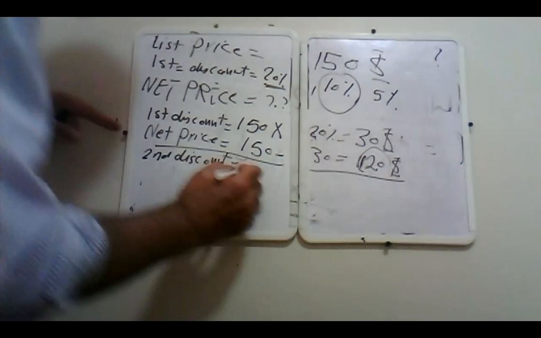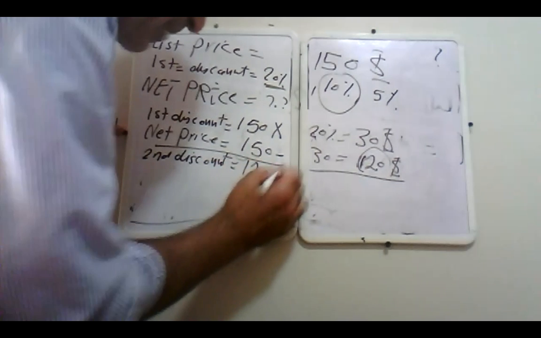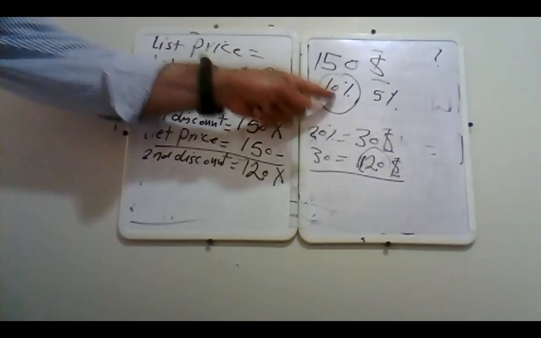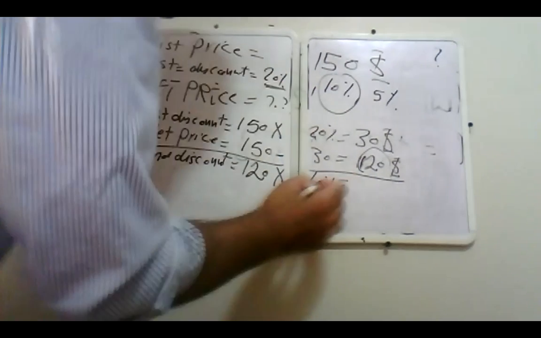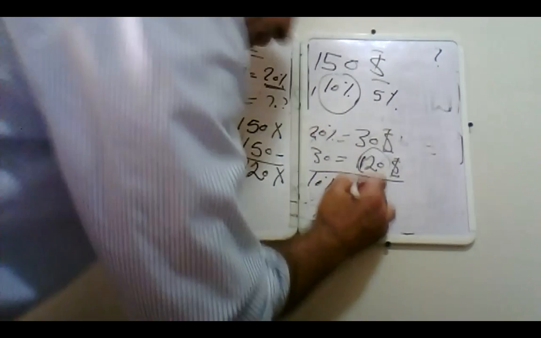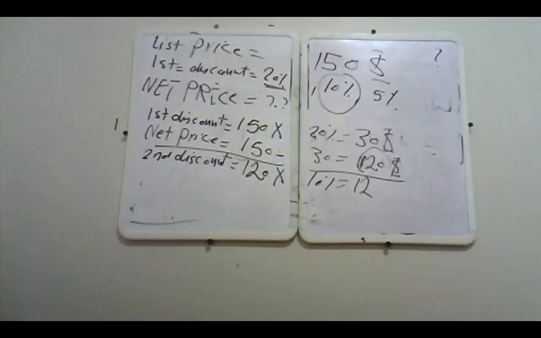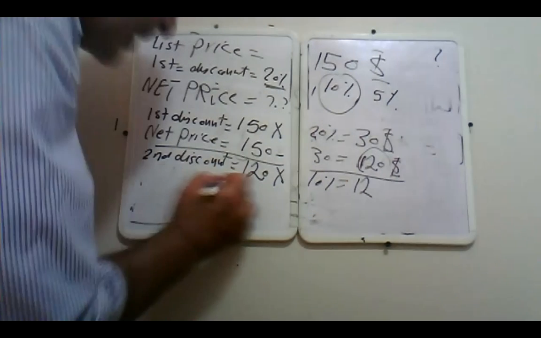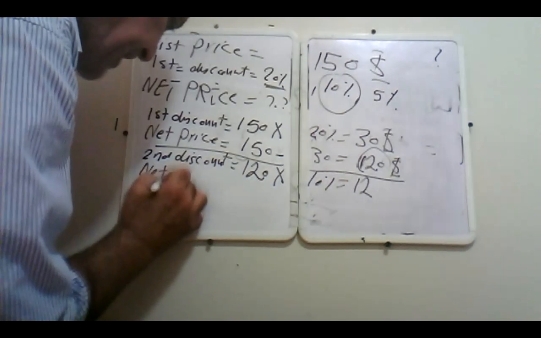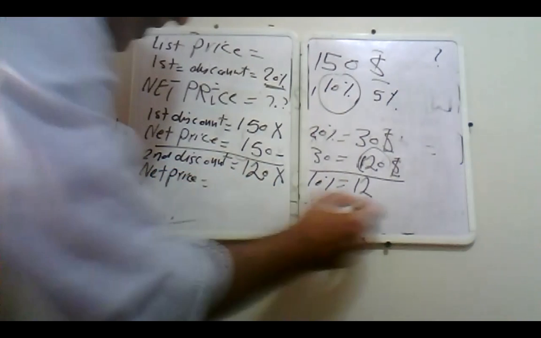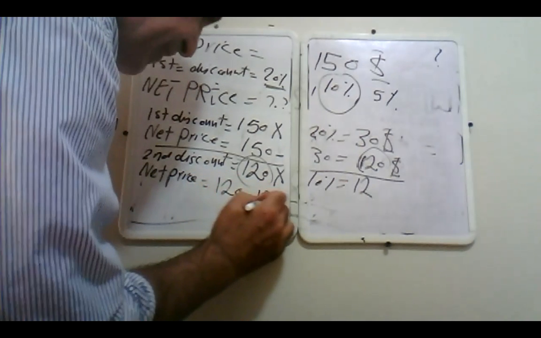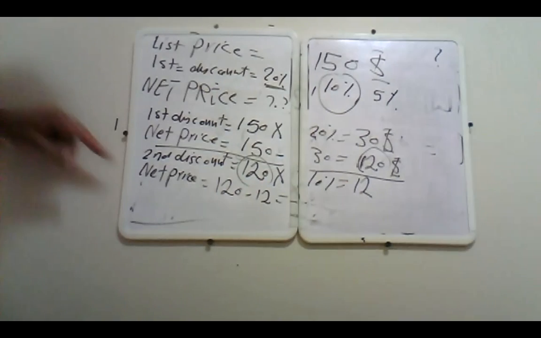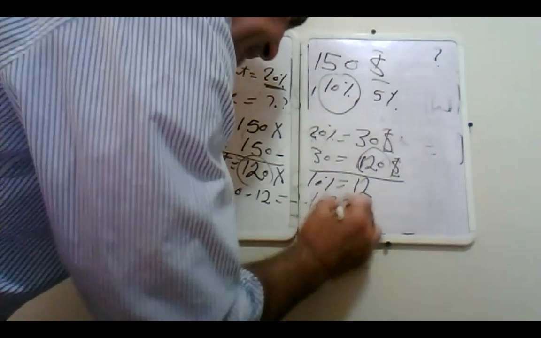So list price 120 multiplied by the rate of discount of the second stage, 10%. When you do it with the calculator, this will give you $12. Okay. Then the net price of the second stage will be the 120 minus the $12. This will give me $108.